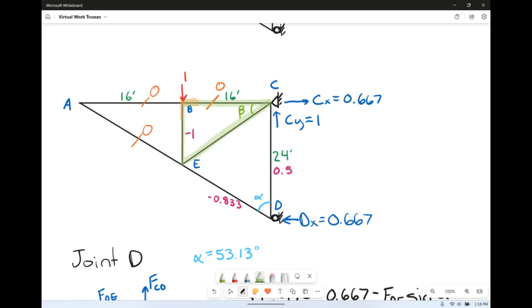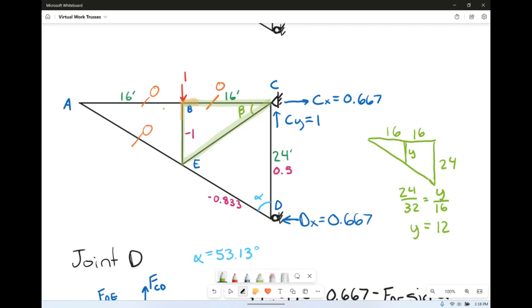So we can find those other values by using similar triangles. So let's do that. We've got the overall height here is 24. And we've got 16 and 16. So the overall is 32. And if I want to find this distance here, the length really of BE, that's just similar triangles. So 24 is to 32 as our y distance is to 16. So y is going to be 12.